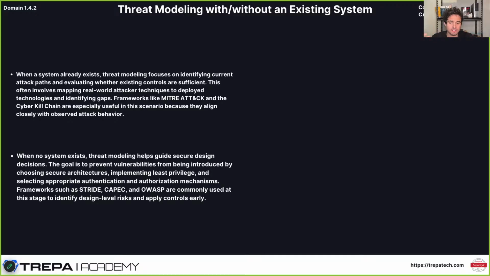But when no system exists, threat modeling can actually help guide those securing decisions beforehand. Where, after, let's say, we're in our growth phase of securing our environments, and what I mean by that is we're a small business, becoming a medium size, becoming a large enterprise. So as our IT systems develop and get bigger, maybe security wasn't initially part of the plan. And now we start securing, and now we start bringing in experts and hiring cybersecurity engineers.